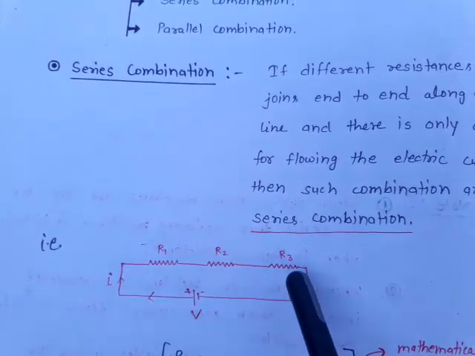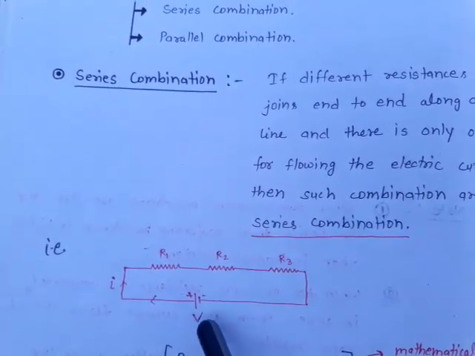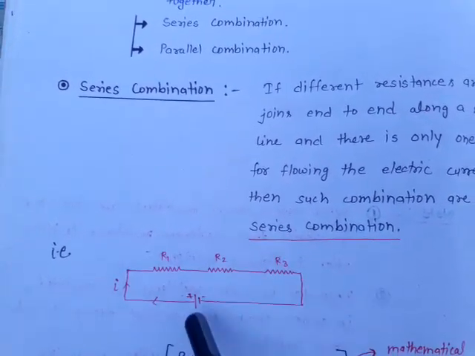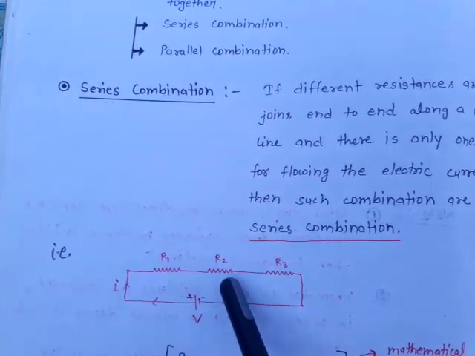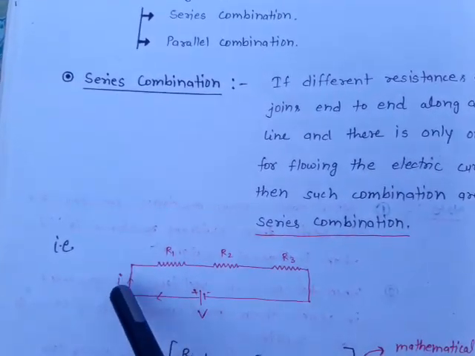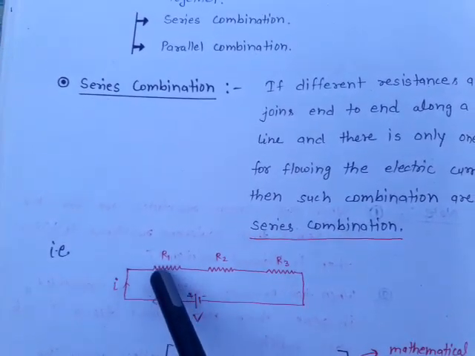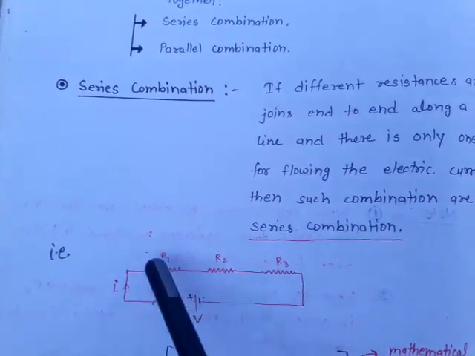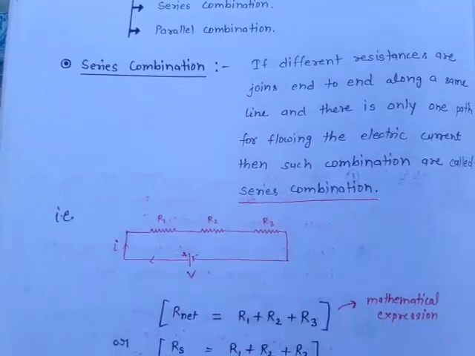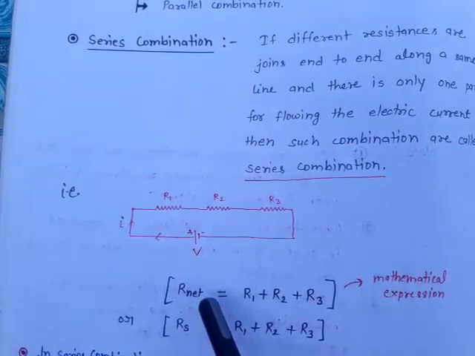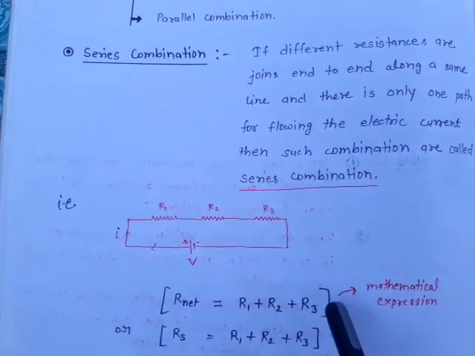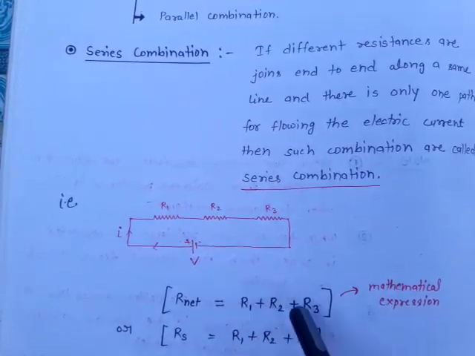There is a source of V and current I flowing. Here the three resistances are connected one after another, and there is only one way for the current to flow. So this connection is a series combination, and the mathematical representation is given as R net equal to R1 plus R2 plus R3. This is the mathematical expression for the combination.